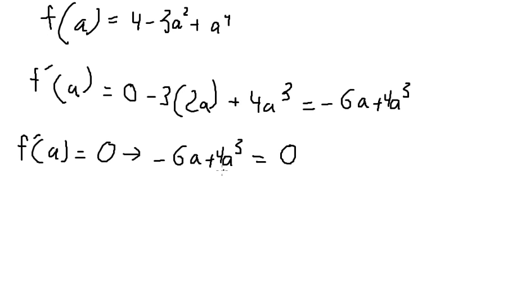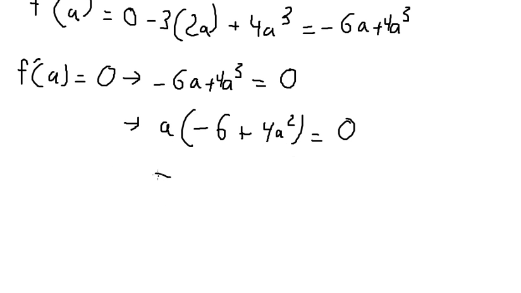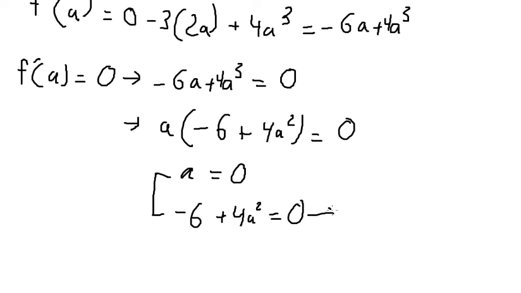Now we have a and a, we can do factorization. Now we have the solutions in here. That's a equals 0 and negative 6 plus 4a squared equals 0.